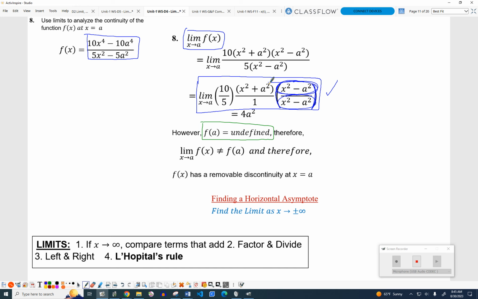So is there any x you pick that would cause the top and the bottom to both equal 0? That's the problem. If I pick x equal a, this becomes undefined, and undefined multiplied by whatever this is would still be undefined.